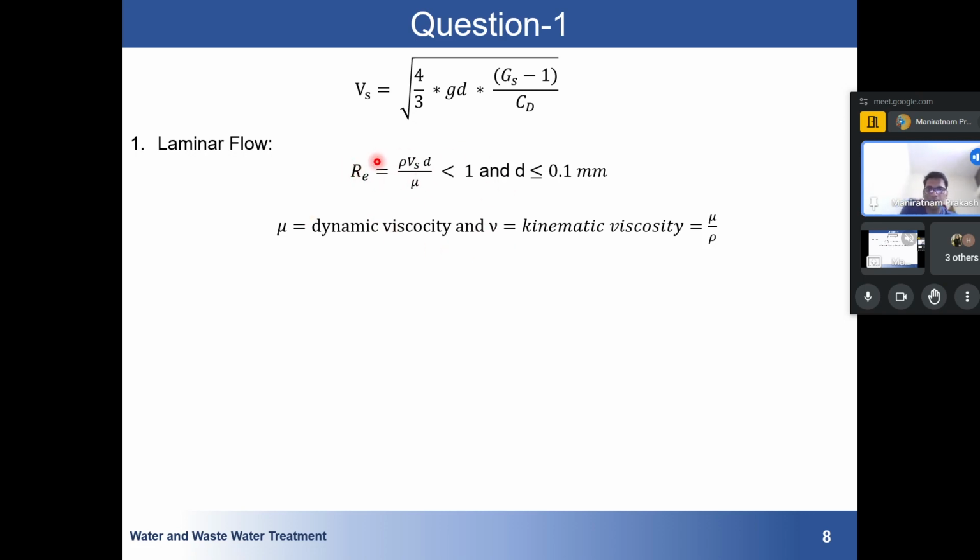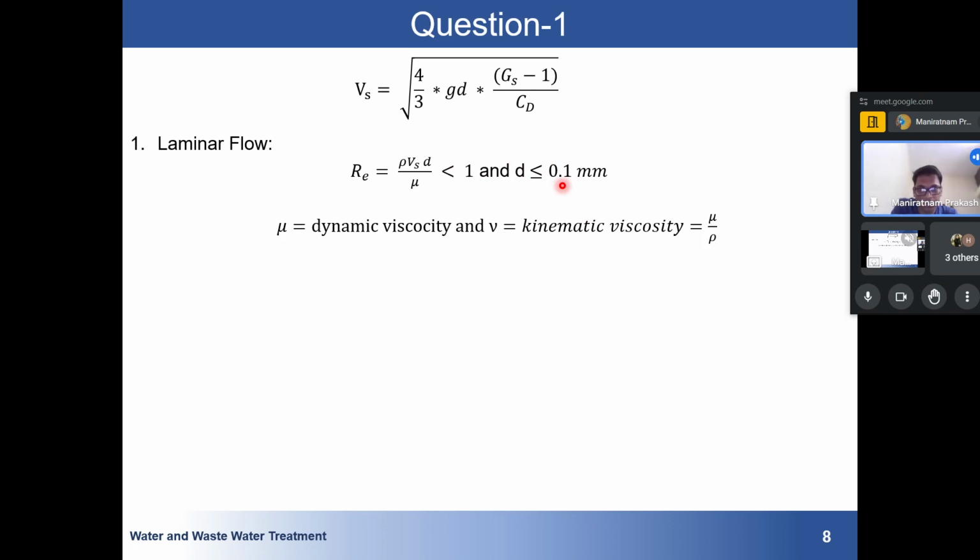Reynolds number is given by density into velocity into diameter divided by dynamic viscosity, and it should be less than or equal to 1. So if some data has been given to you for a flow, you can put in the values, and if that value is less than 1, you can say the flow is laminar. In this condition, the diameter of your solid should be less than or equal to 0.1 mm.